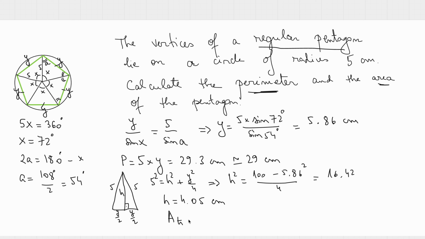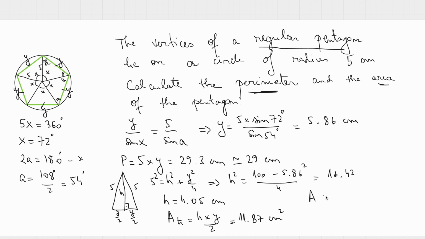The area of a triangle is the height times the base over 2. Base is y in this case. So 4.05 times 5.86 centimeters over 2 is 11.87 centimeters squared. And we have to compute the area of the pentagon.